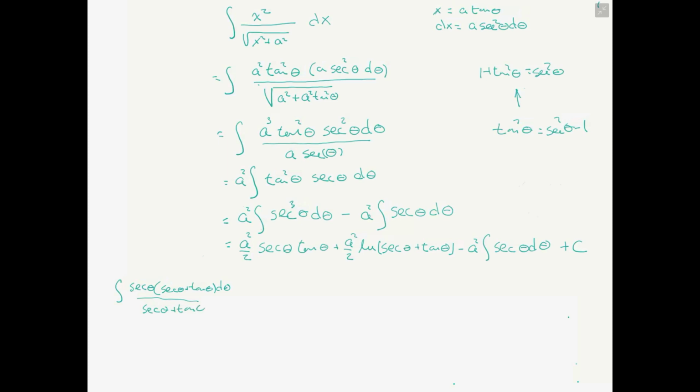So what we have here is u equals secant theta plus tangent theta, du equals secant squared theta plus secant theta tangent theta d theta.